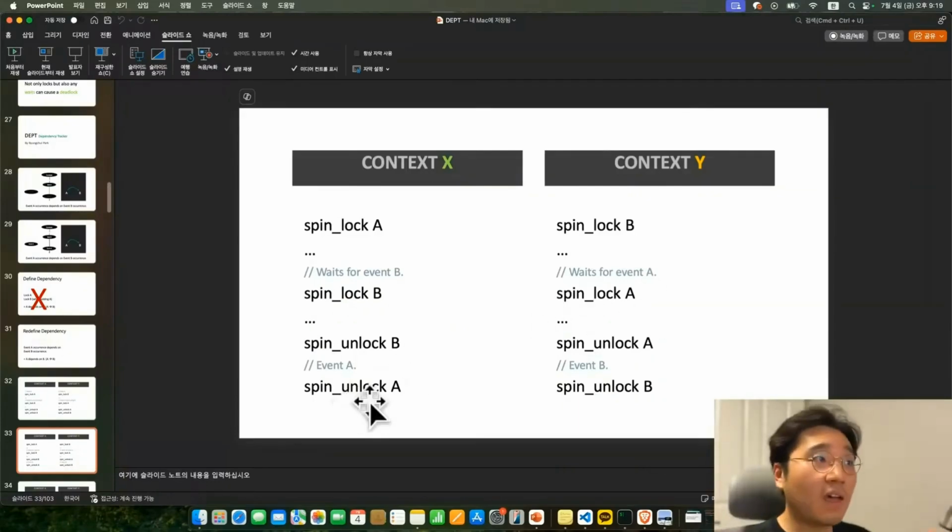That event A unlocks A, right? This is the core concept of DEPT.